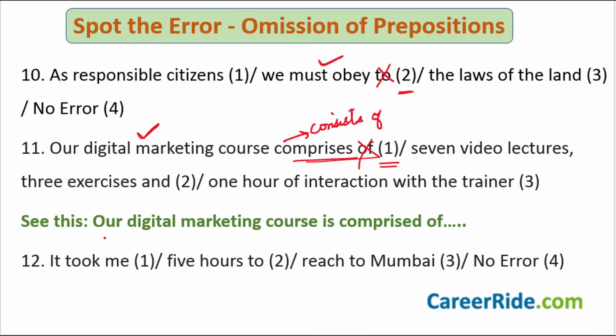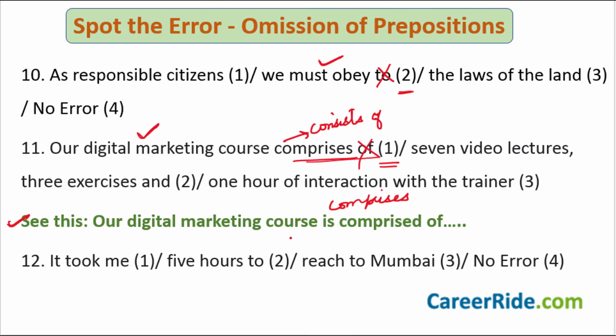But many of you might wonder, is it that we never use any preposition here? See this sentence. Don't get confused. Our digital marketing course is comprised of. This is fine to write. You see how we have changed it. Our digital marketing course, earlier we had "comprises," right?